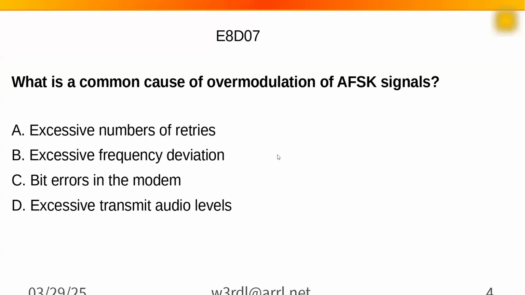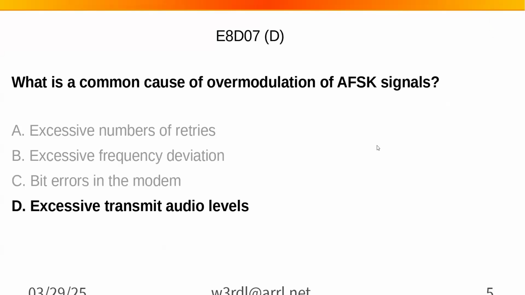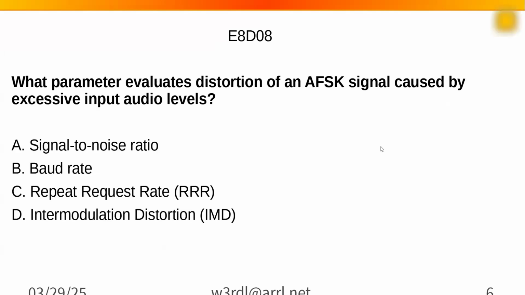So what's a common cause of overmodulation in audio frequency shift key signals? That's like FT8. Excessive transmit audio. What parameter evaluates distortion of an AFSK signal caused by excessive input audio level?